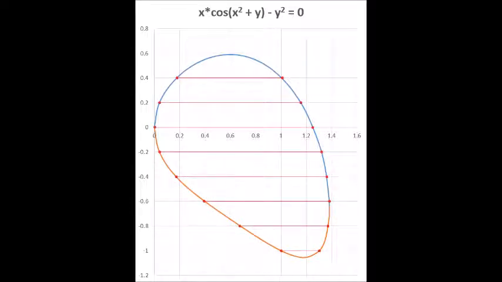Basically, we can do that for other values of y, 0.2, 0, negative 0.2, negative 0.4, all the way down to negative 1. If we go beyond that, our function will have no roots, no intersections to find. These pairs are seen connected by horizontal red lines. This gives us a pretty good picture, except on the top of the blue branch. How do we fill in that gap?